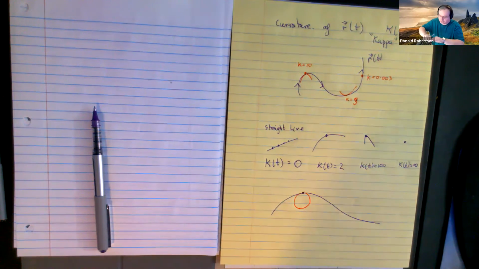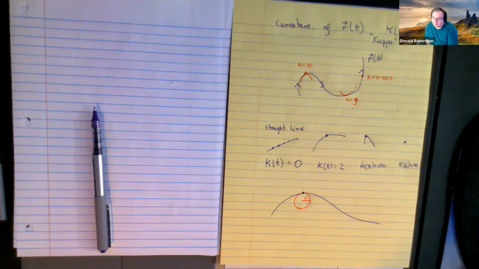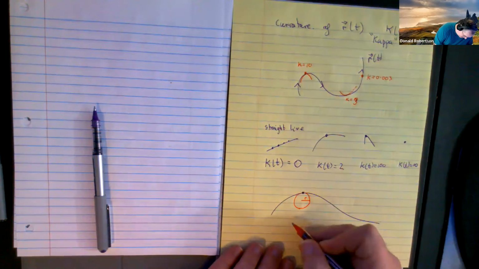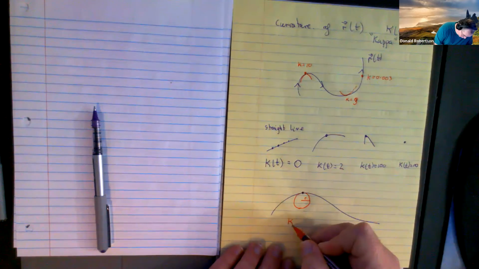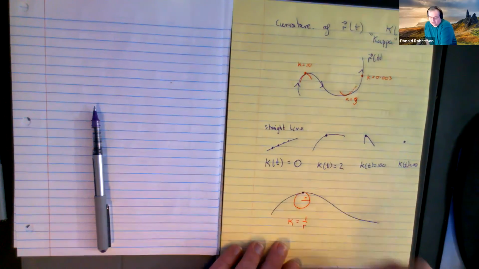Circles are good ways to measure curvature. And you find the radius of that circle. And kappa, the curvature, is 1 over the radius.